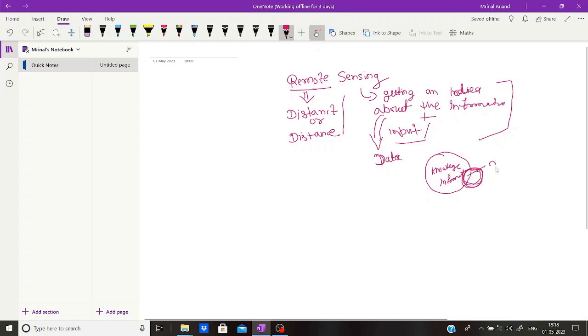So this will be the data. An information only becomes data if that information is useful for that person. So this is the meaning of data.